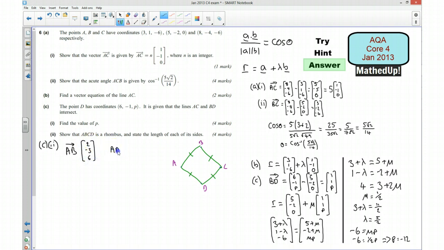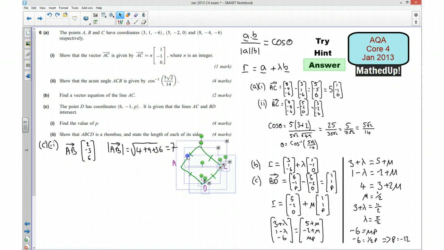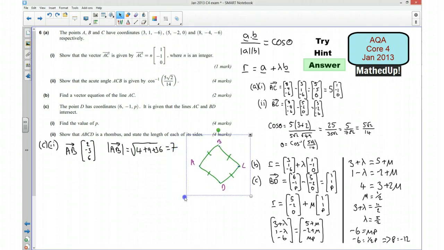So the magnitude of AB is going to be the square root of 2 squared, which is 4, plus 3 squared, which is 9, plus 36, and that's the square root of 49, which is 7. Okay, we've got AB, now we want BC.